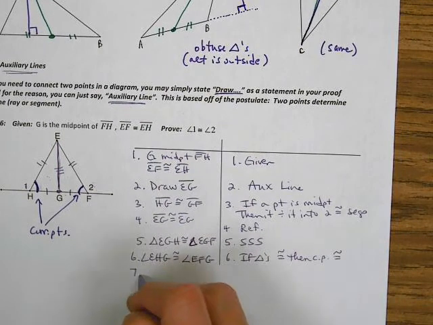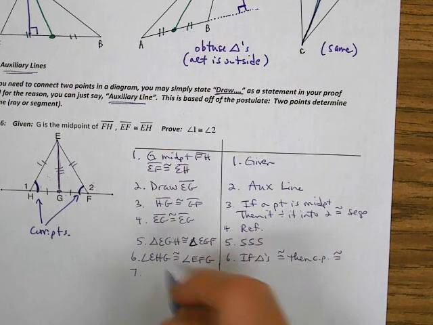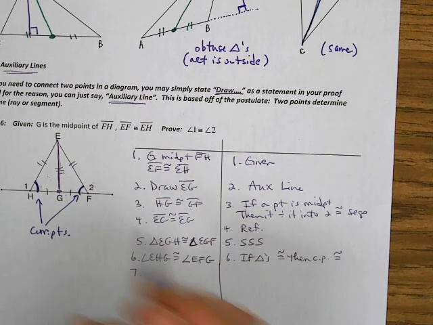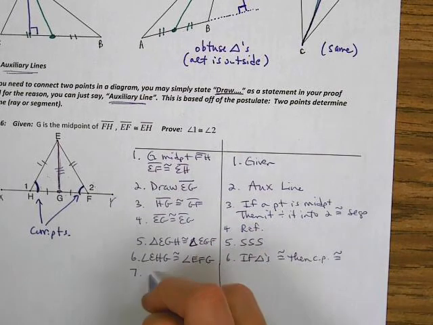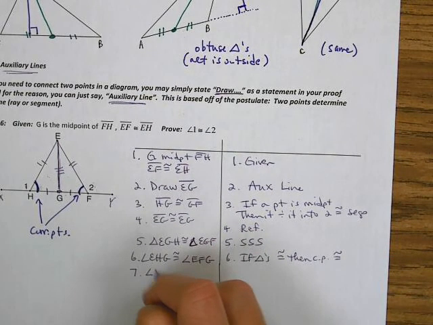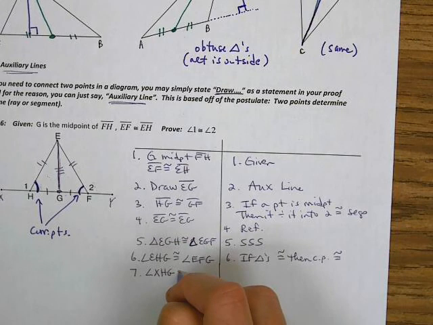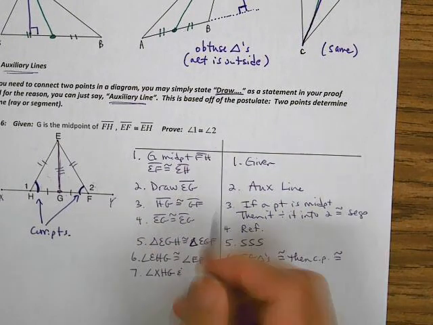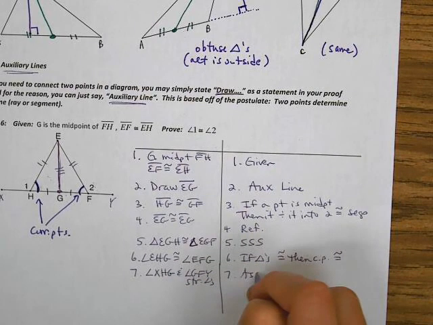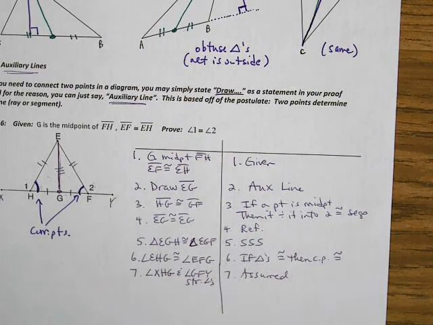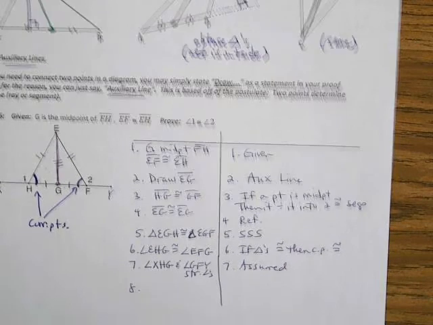So I have to go back and say I have straight angles here. I need some letters out here. Let's call this X and let's call this Y. Sorry about that. I'm going to say angle XHG and angle GFY are straight angles. That would be assumed. That's step 1. Now I'm going to say supplementary.